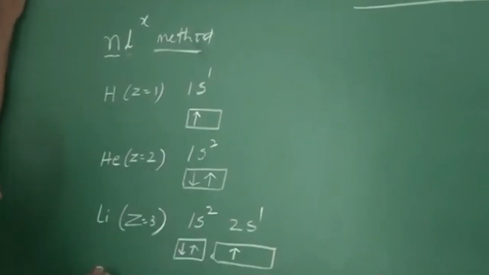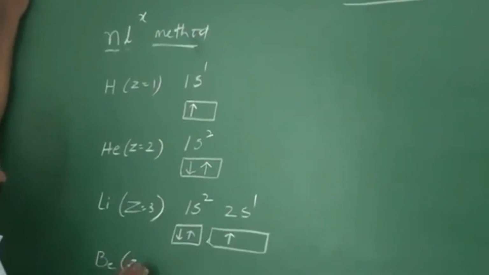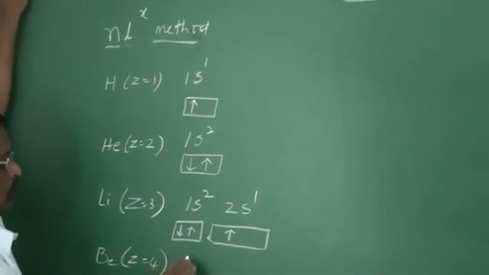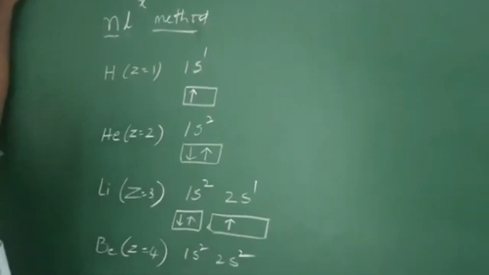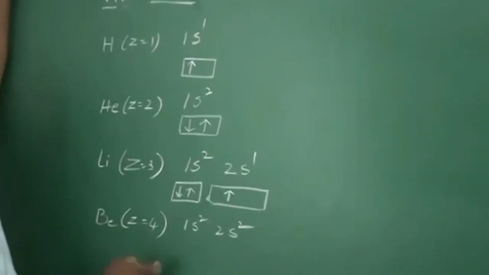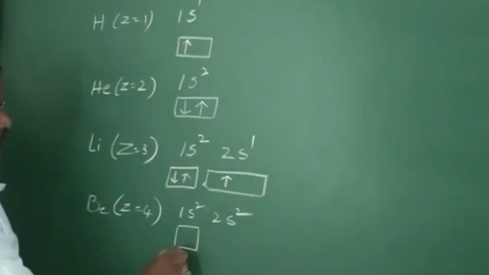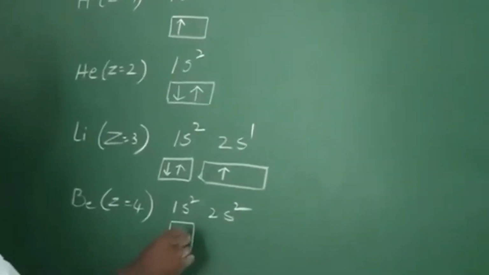Beryllium: 1s2, 2s2, like this. The sum of these powers is equal to the atomic number. So 1s2, 2s2.